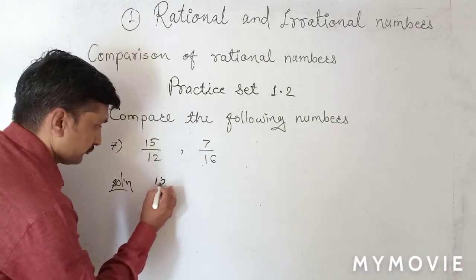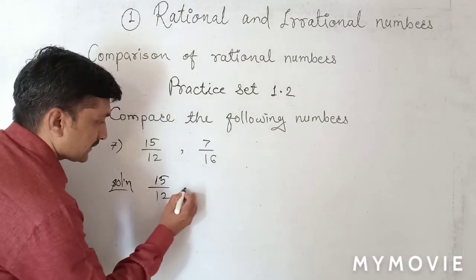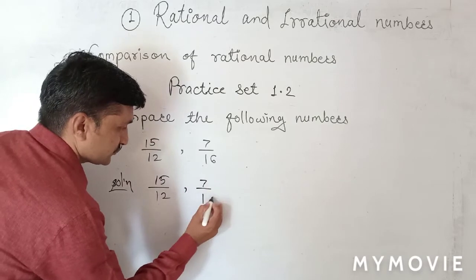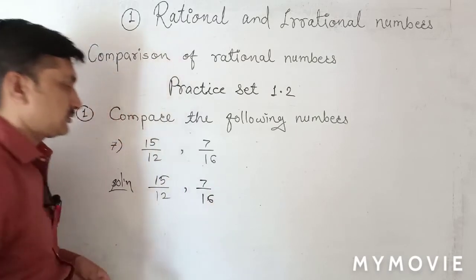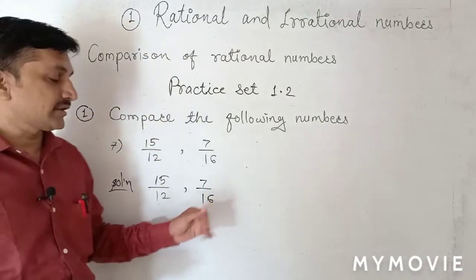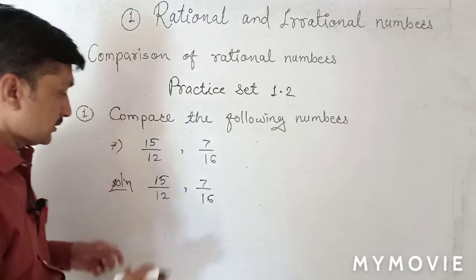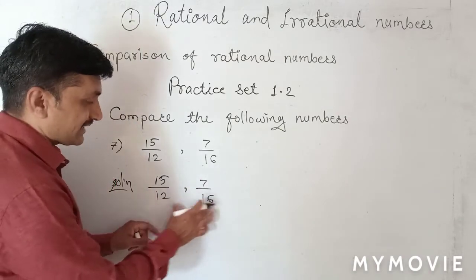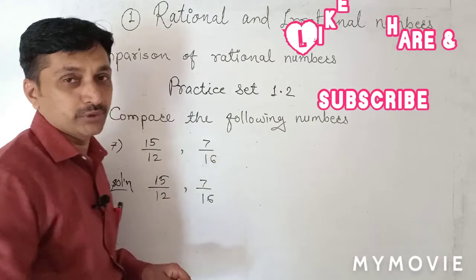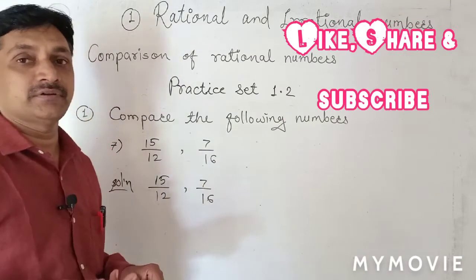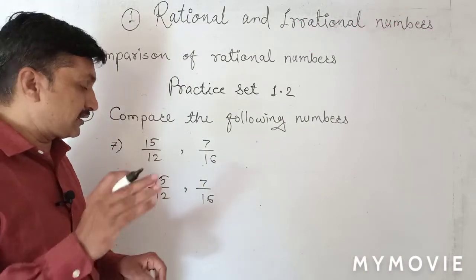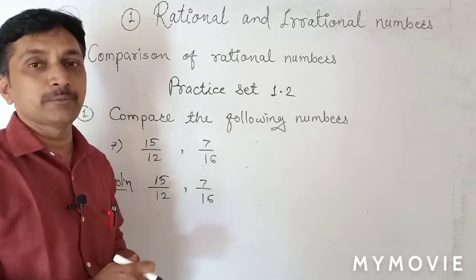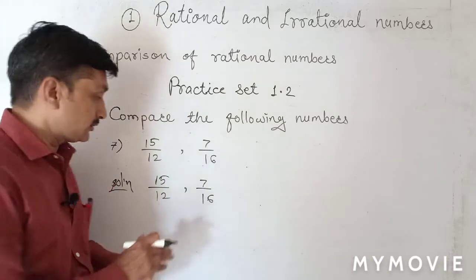Now let's see. I write again the given fractions, 15 upon 12, second is 7 upon 16. Now what we have to do, we have to make their denominators equal, and after making denominators equal, then we will compare numerators. Okay?